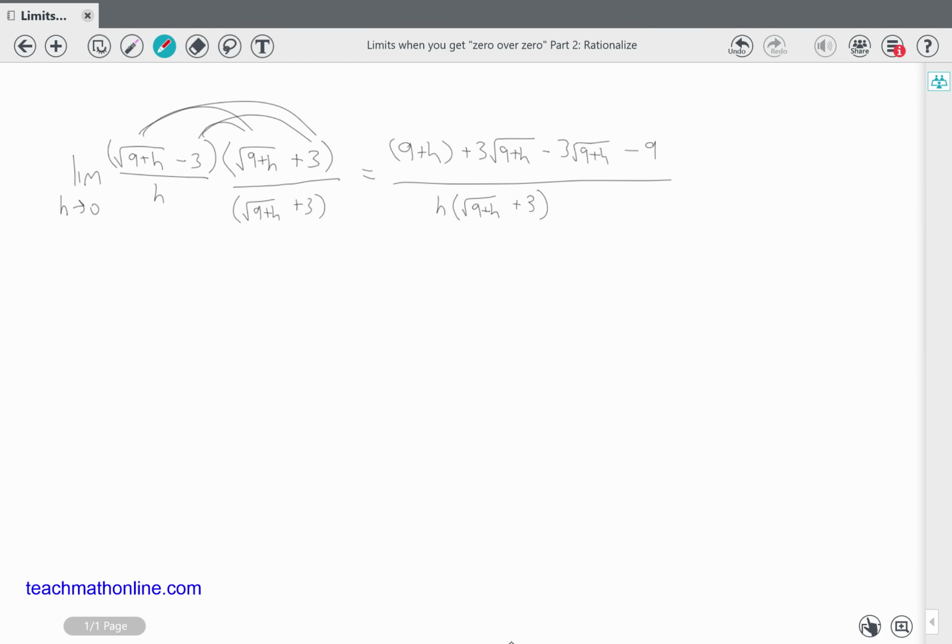And we see here that we have a plus 3 square root 9 plus h and a minus 3 square root 9 plus h. So we can go ahead and cancel those out. And now what we're left with is 9 plus h minus 9 over h times the square root of 9 plus h plus 3.